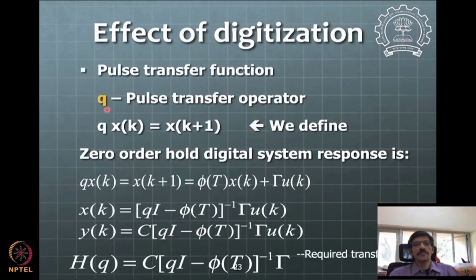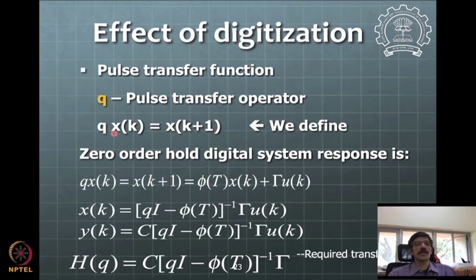To get our transfer function, we define this operator q, which is called the pulse transfer operator, in such a way that when q operates on some x of k, it shifts the state by one sampling instance.